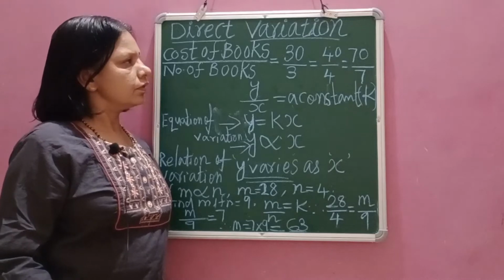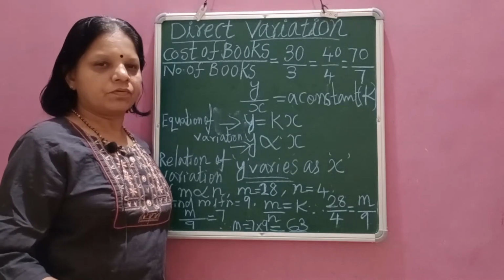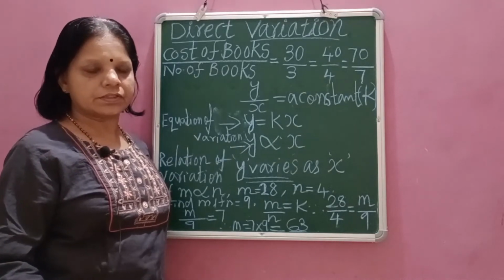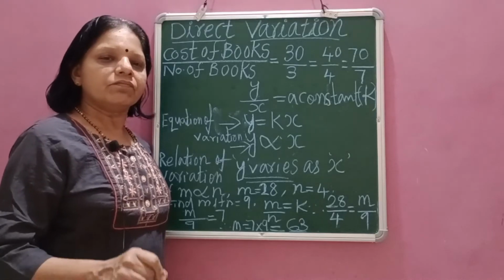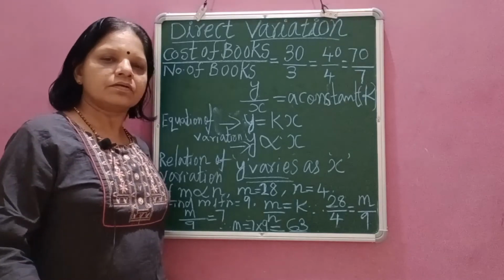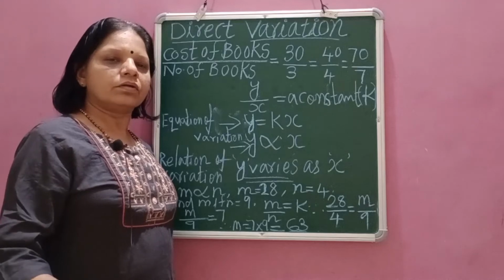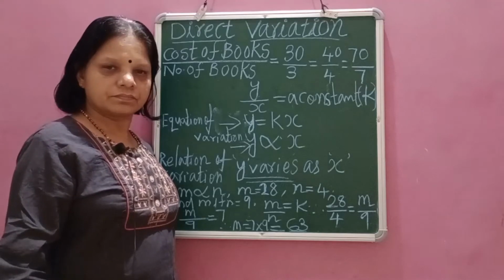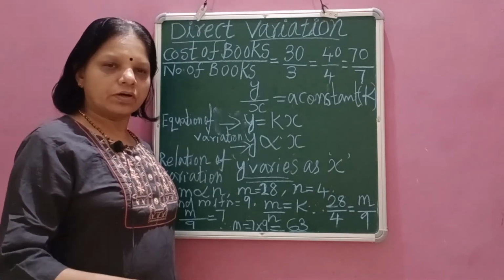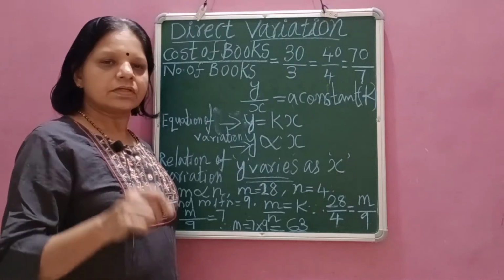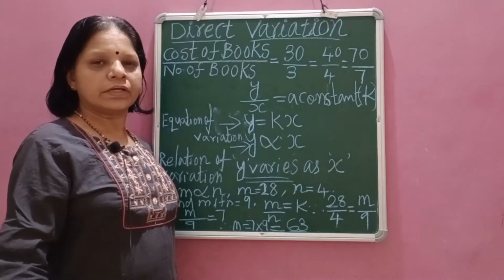That is, in direct variation, when one quantity increases, the other quantity also increases. Or when one quantity decreases, the other quantity also decreases.